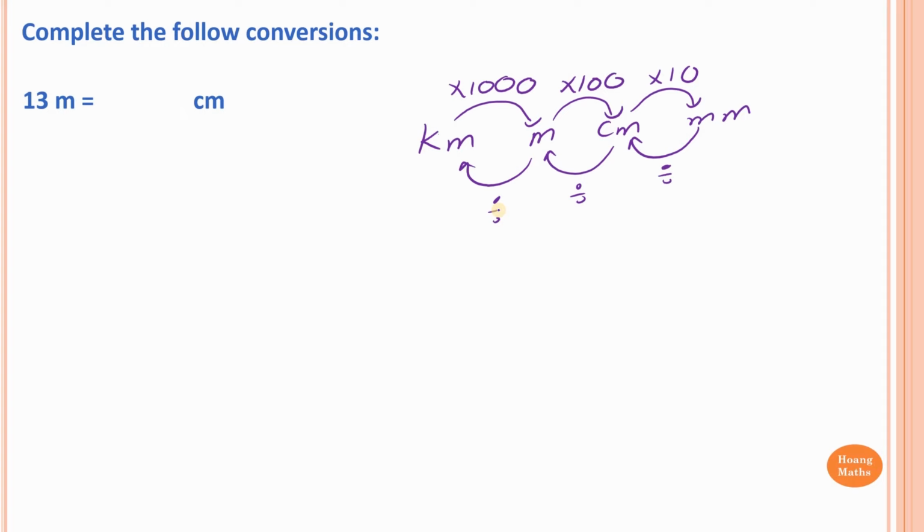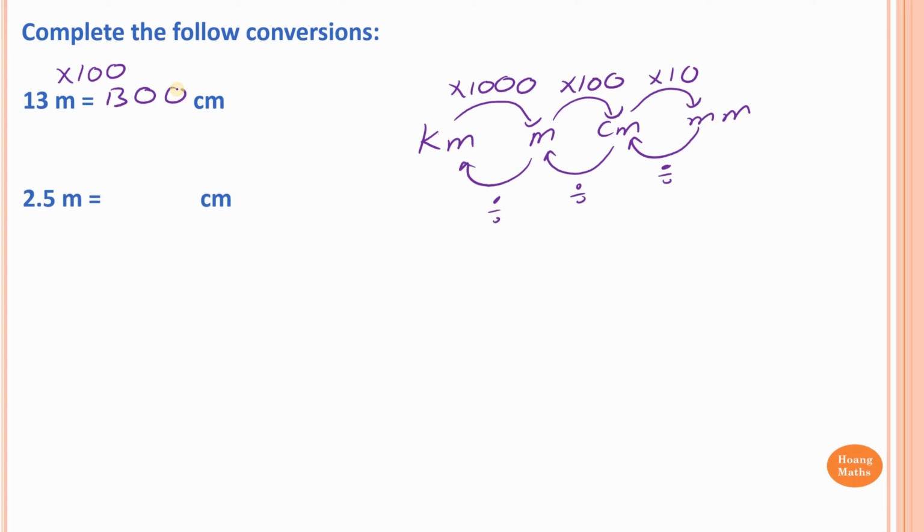Now we're going to use this chart. From meters to centimeters, 13, we times by 100. 13 times 1 is 13, and then the two zeros you just write out. That's all. Next one, 2.5 meters to centimeters.